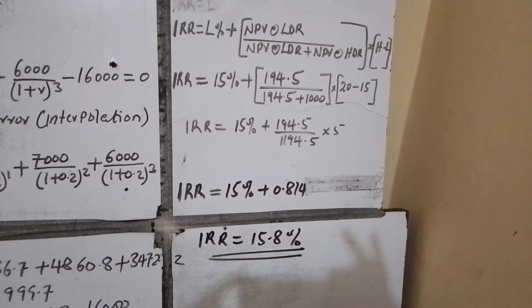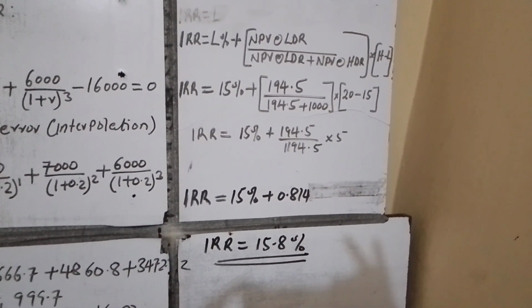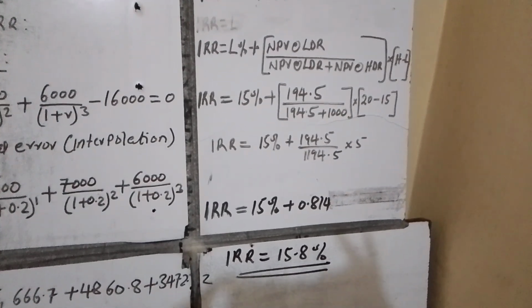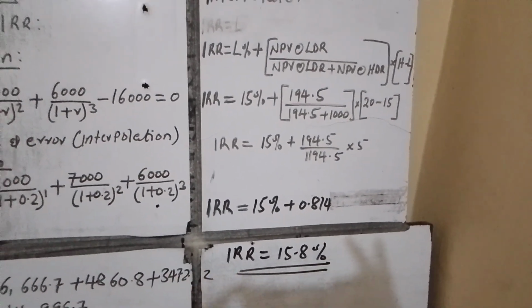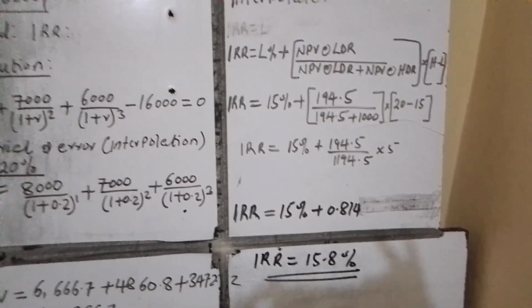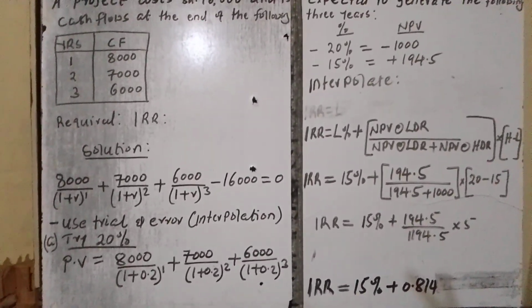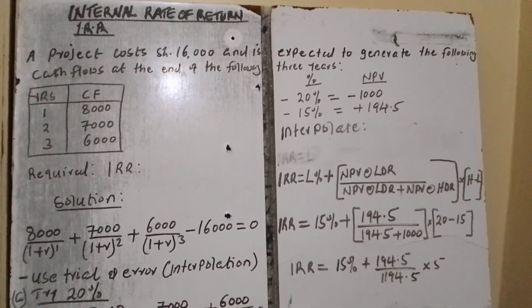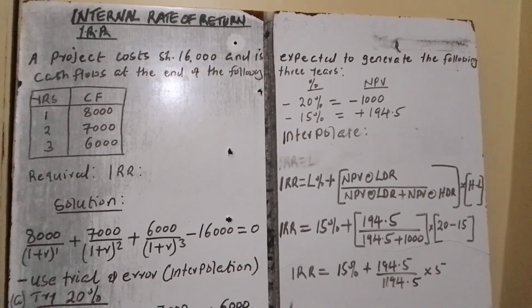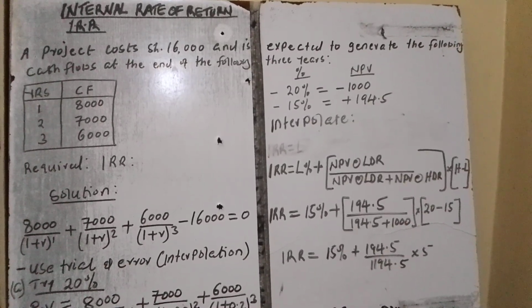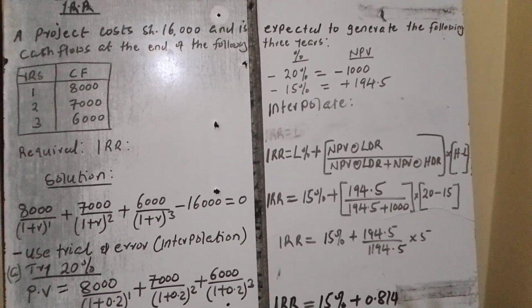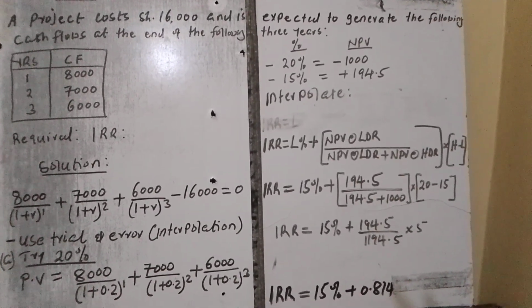IRR is 15.8%. So 15.8% means that if you use 15.8% to calculate the net present value of those cash flows, then the net present value will be 0.